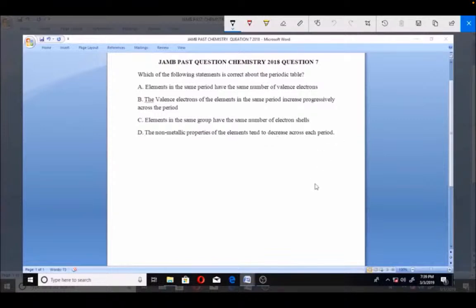Now, for us to understand this question very well, we need to know what the periodic table is and how it is arranged. We know that the periodic table is the arrangement of elements according to their atomic numbers.